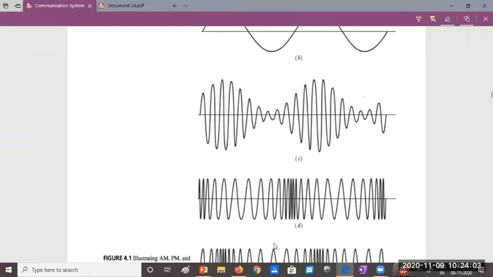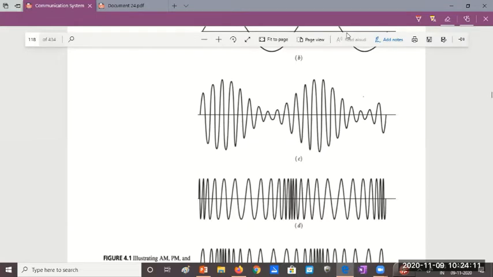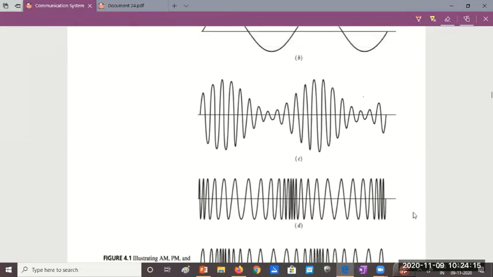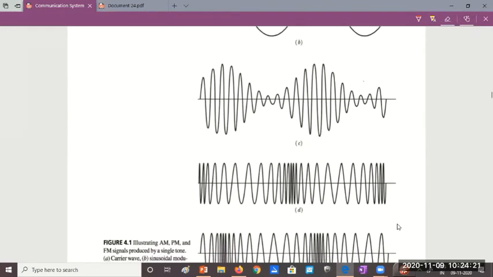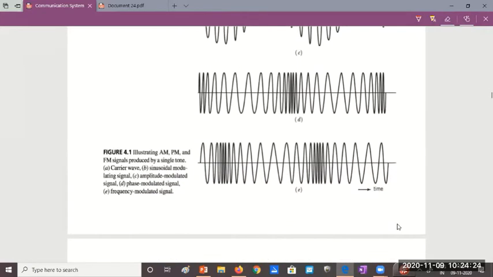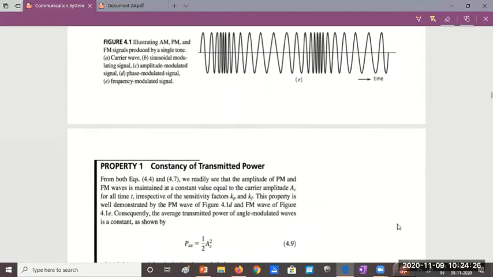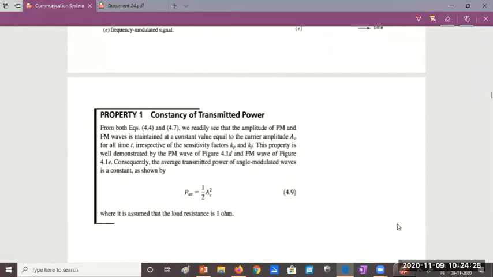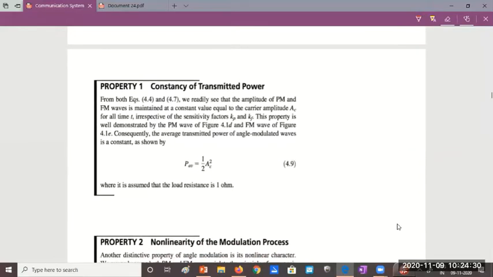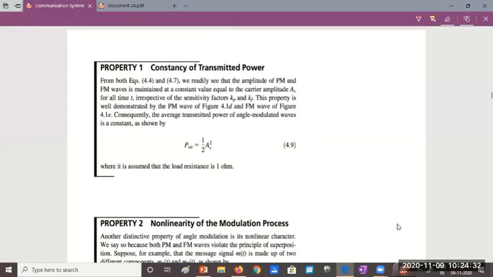Whenever it is low, you're getting the lowest frequency. So at this point, when message amplitude is minimum, you have the waveforms very far spaced. When the message amplitude is maximum, you have the waveform closely spaced. That means high frequency at high message amplitude, low frequency at low message amplitude. Okay, so I had told you about this technique. Anyway, now some important properties of angle modulated signal we'll just run through fast.